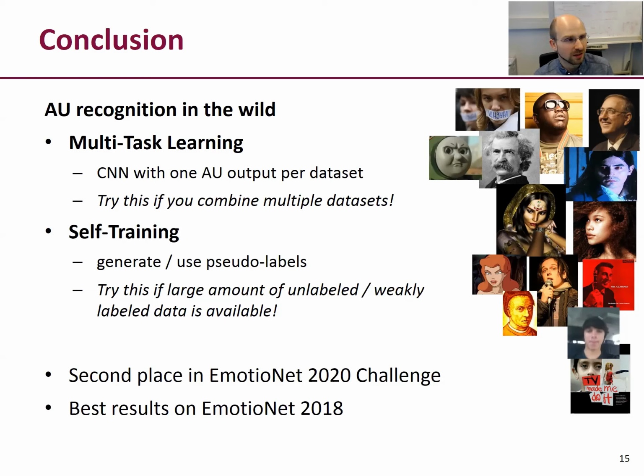We really recommend to try both of these concepts. Try multitask learning if you combine multiple data sets, and try self-training if a large amount of unlabeled or weakly labeled data is available. With our approach, we reached the second place in the EmotioNet 2020 challenge and also achieved the best results on the EmotioNet 2018 data known so far.